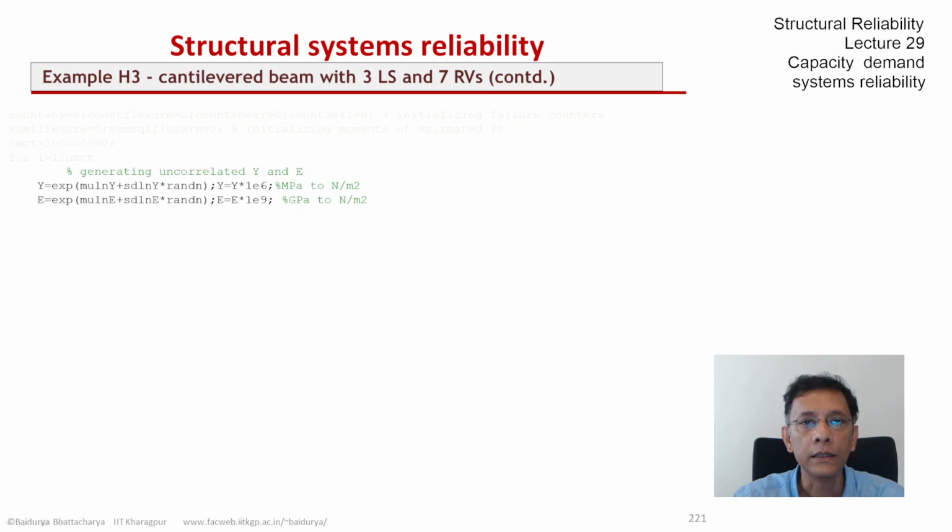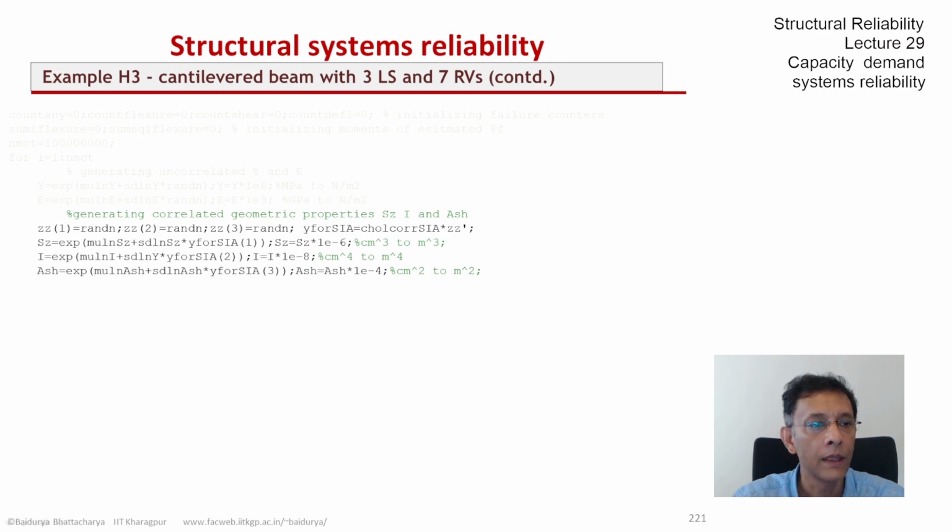I generate the independent Y's and E's, so that's simple, and I need to make sure that I'm being consistent with the units. So that's what you see in these two lines, rand n being the standard normal random deviate. Then I need to generate the dependent SZI and A shear, and for that I generate 3 independent normals, ZZ1, ZZ2, and ZZ3, and then I obtain the intermediate y using the linear combination of the ZZs.